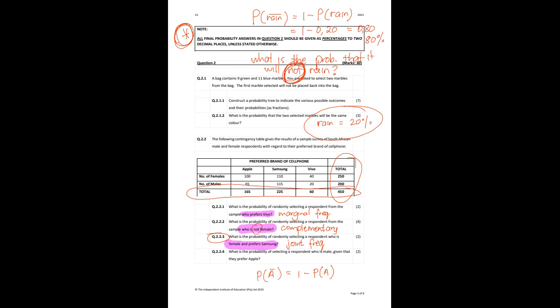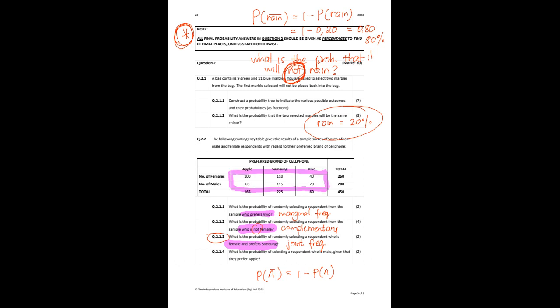Rather, you're looking at two different variables that have been identified. So here, the two things you're looking for is the person being a female and also that they prefer Samsung. So instead of looking at the total column and the total row, you're now looking at everything in between. So your answer will lie in the center somewhere here.